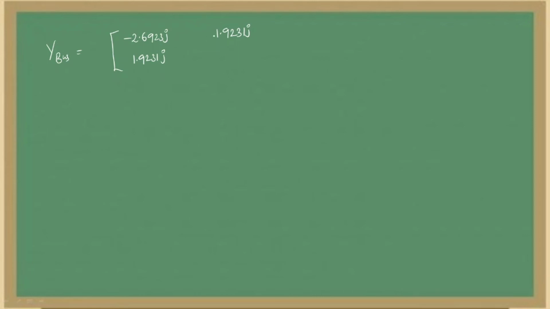So off diagonal elements must be same, and the last element is minus 4.2308j. This is the Y bus matrix which is obtained by substituting all the matrices A transpose, Y and A.